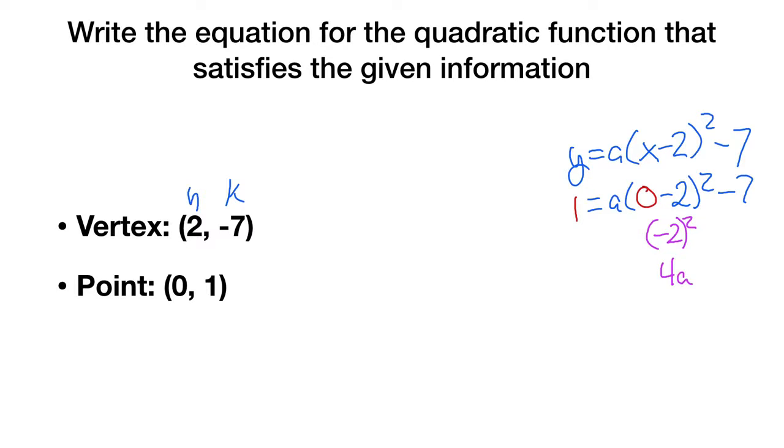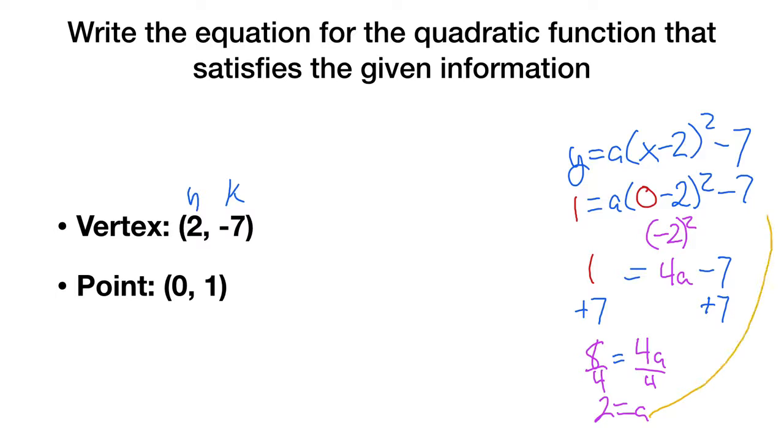So 4a minus 7 equals 1. At that point, we add 7, 8 equals 4a, divide by 4, 2 equals a.